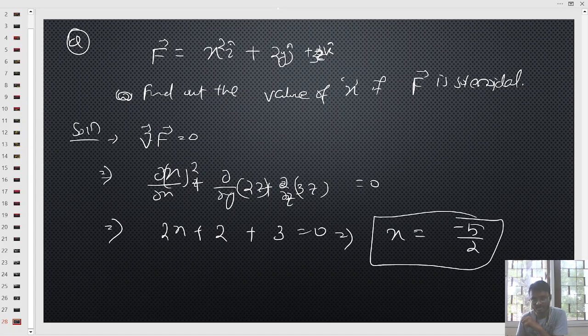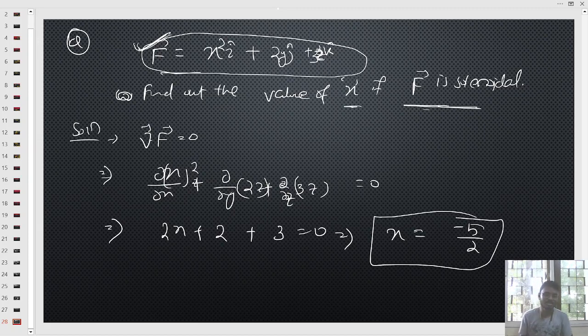This is the value of x. I have just given you an example from my own conception, it was not given in any book. How do we find the value of x if a vector is solenoidal? This is just an example.